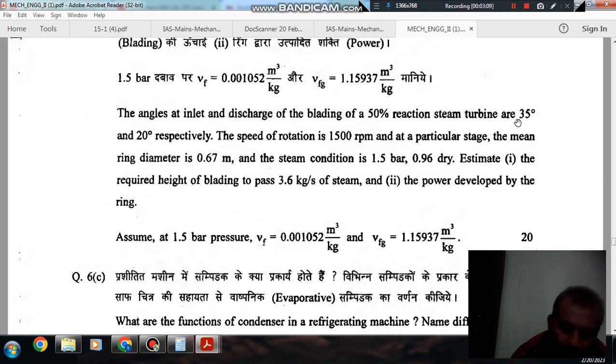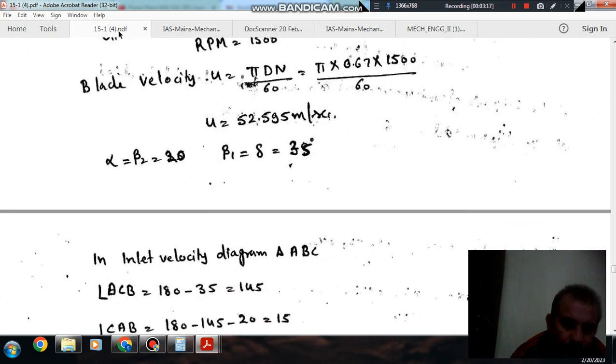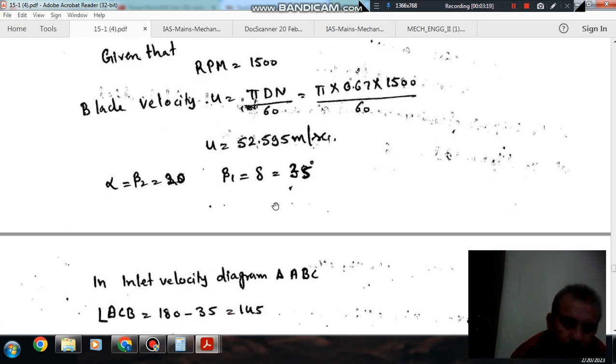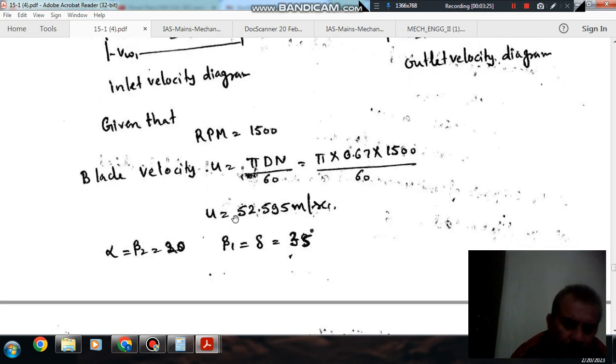So alpha is 20 degrees, and the inlet blade angle is 35 degrees, so beta 1 is 35 degrees. So these angles are known, and blade velocity U is known.